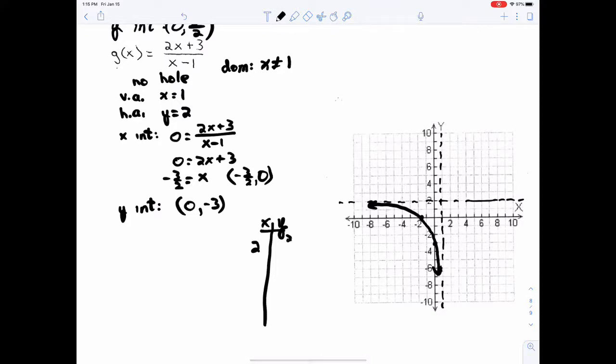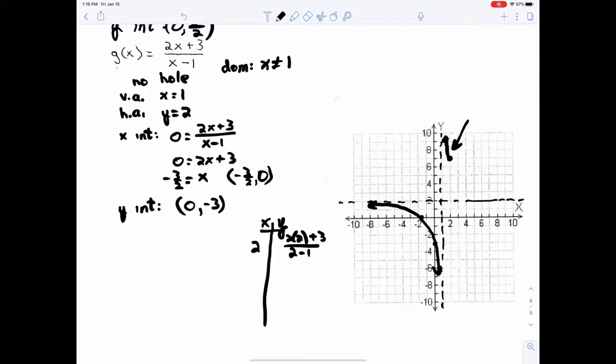So you get 2 times 2 plus 3 all over 2 minus 1. So that gives you what? 7 over 1. So it's 2 comma 7. So we have 2 comma 1, 2, 3, 4, 5, 6, 7. Now, from that point, as you go to the right, it's got to go up.